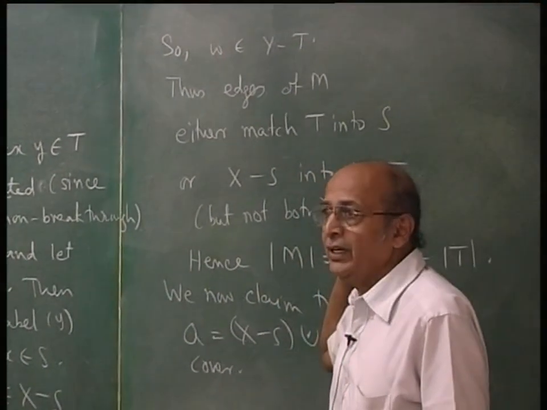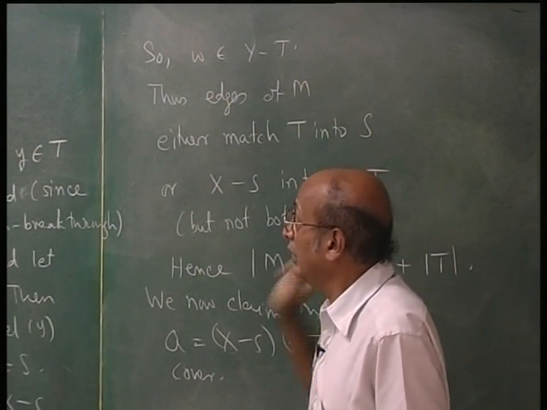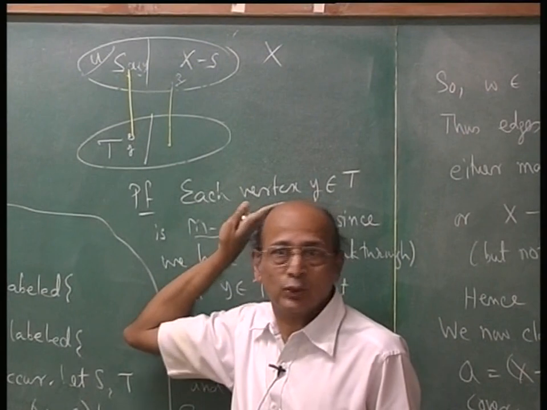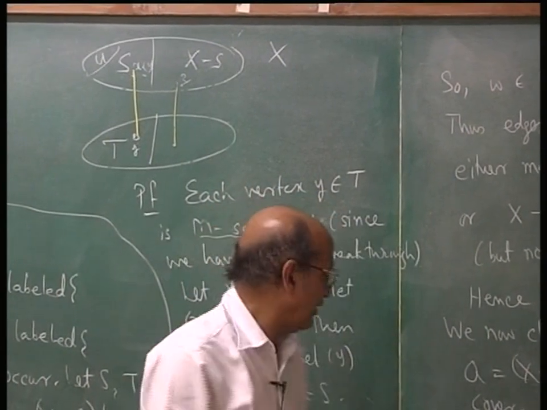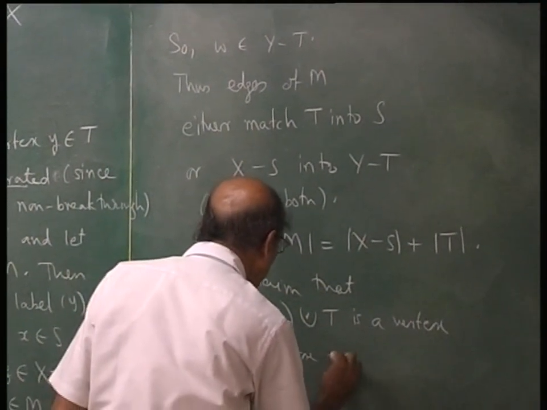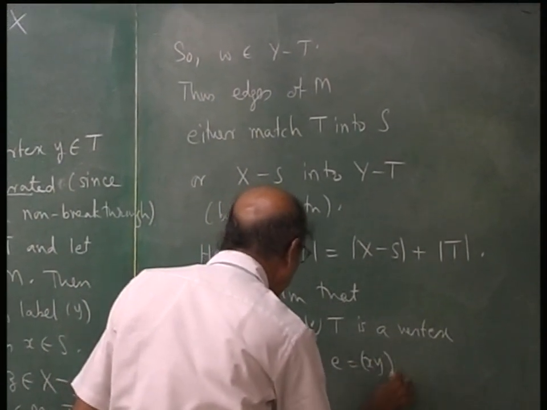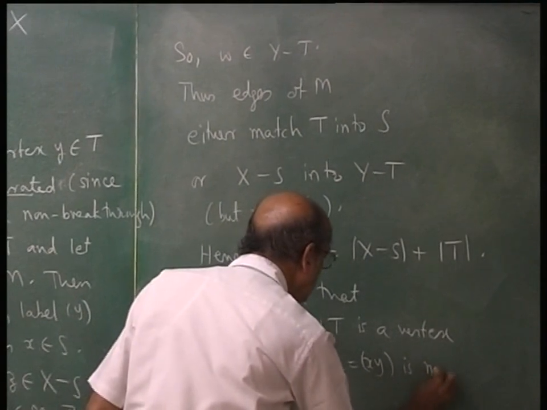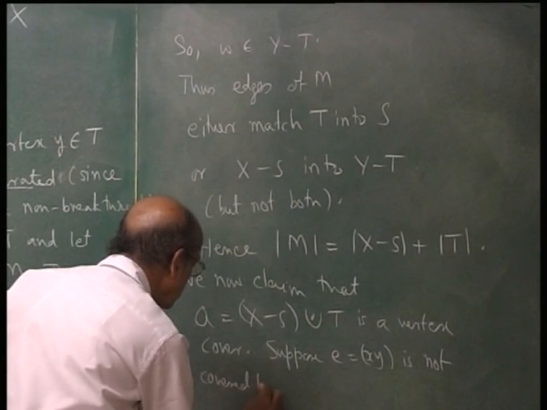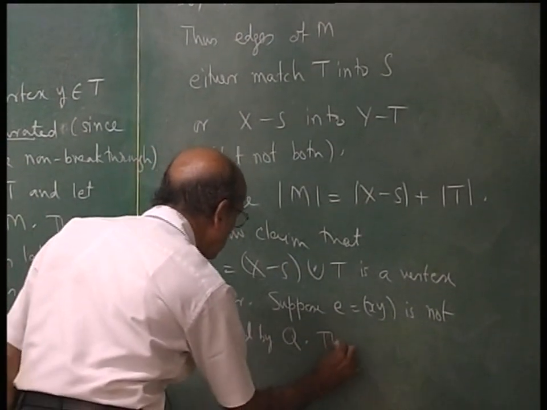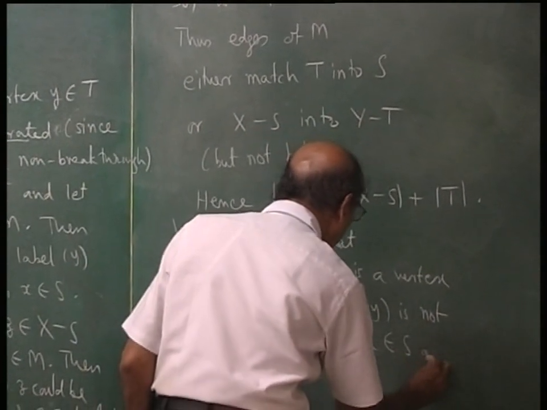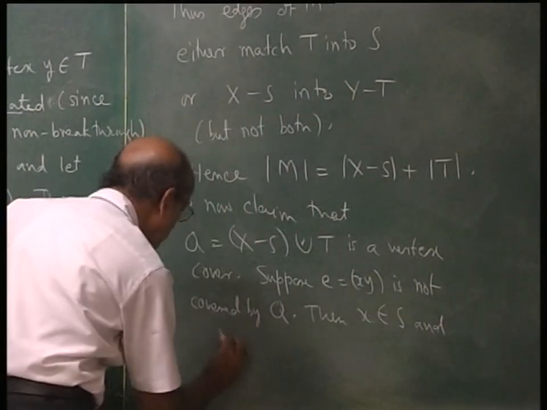So only edges that possibly may not get covered are the ones that go from S to Y minus T. Those are the only ones. Suppose such an edge xy exists, then X must belong to S and Y must belong to Y minus T.